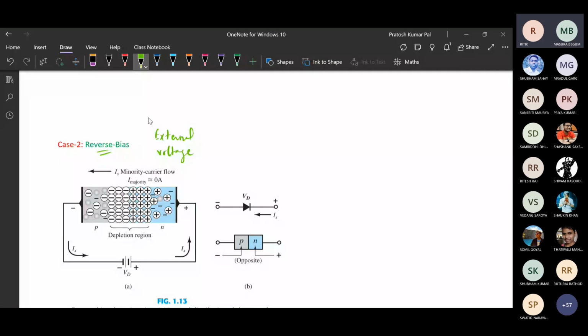That external voltage is applied such that the p-type side is connected with the negative terminal, okay, and the n-type side is connected to the positive terminal of the voltage.